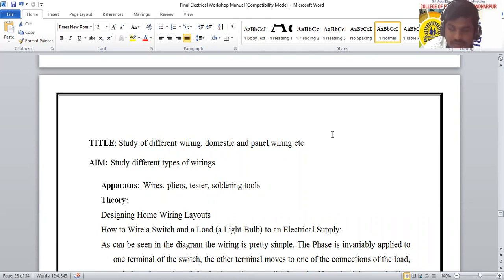Suppose in one room, like domestic lighting, in a hall in our home, we want to control loads. Suppose in our hall we have two bulbs, that is two lamp loads, then one fan load is there.